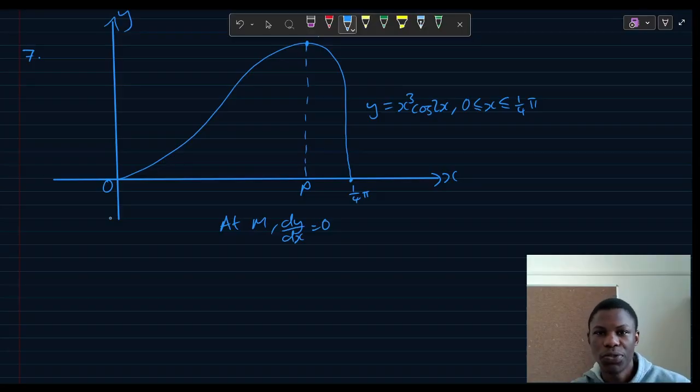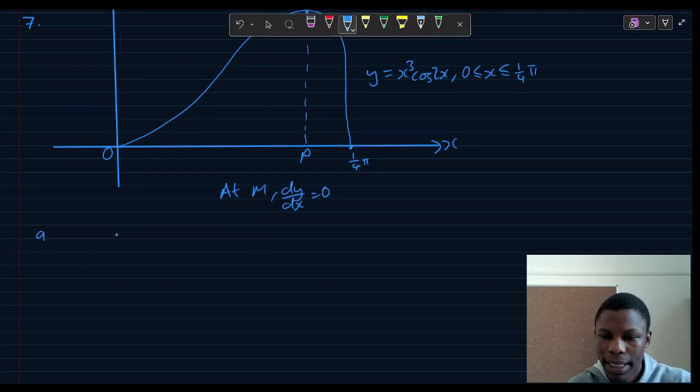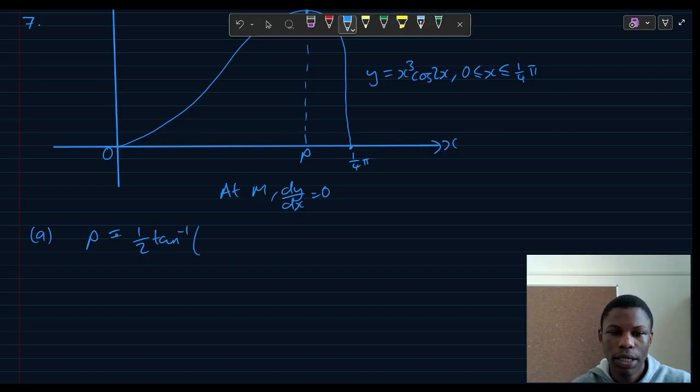That's going to be useful somewhere, somehow. The curve has a maximum point at M where x is equal to p. Part A says, show that p satisfies the equation p is equal to half arctan of 3 over 2p.